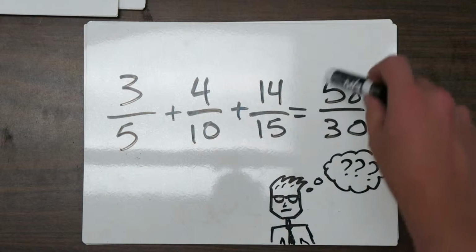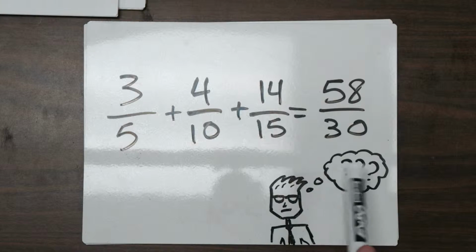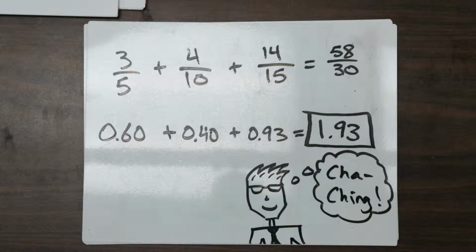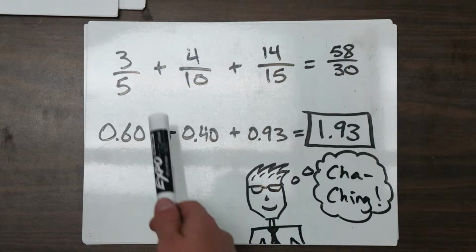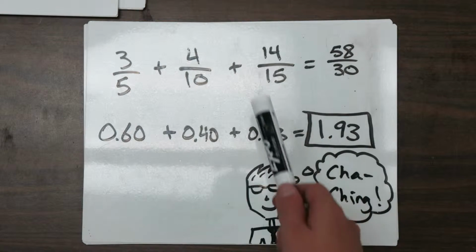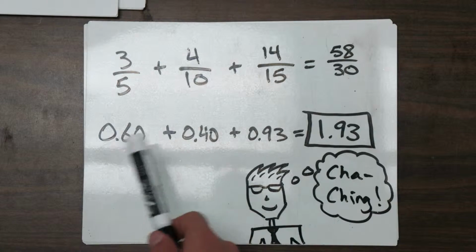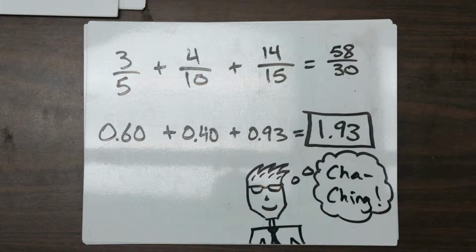Well, this is kind of hard to understand. 58/30, I can't really comprehend what that value is. It's a crazy fraction, and I'm just left puzzled. But if we convert all of those fractions into decimals, 3/5 into the decimal 0.60, 4/10 into the decimal 0.40, and 14/15 into the decimal 0.93, we add those up, we end up with 1.93 instead of 58/30.